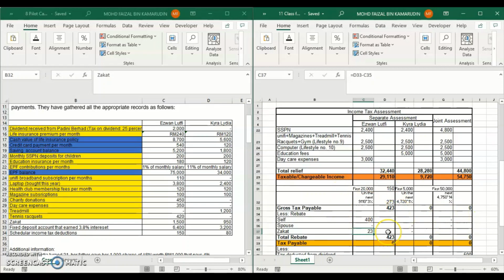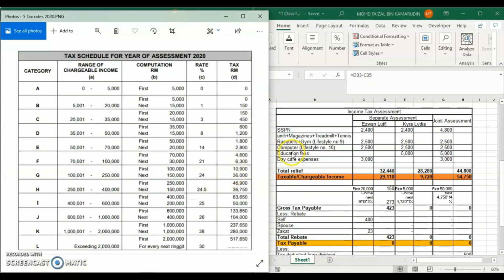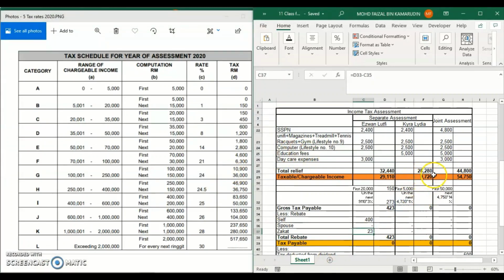So we have settled for S1. One more time, let's check how we go about it for Kyra. You check first 9,720 for which category. It falls under B category. Then the first 5,000, you don't have to pay anything. The remaining, which is 4,720, times 1%.